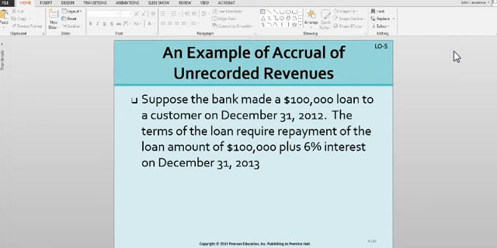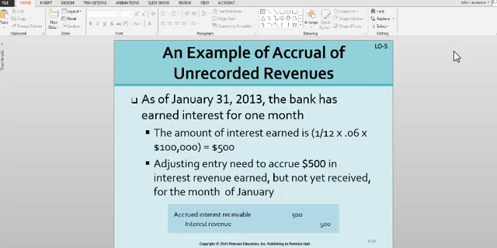Okay, so same thing, the bank loaned you $100,000, and at the end of a year you're going to pay that bank $6,000 in interest, but each month that passes, that bank has some portion of revenue that they've generated. So in this instance, they're going to record a receivable of $500, accrued interest receivable, and they're going to record interest revenue, an income statement account, for $500.